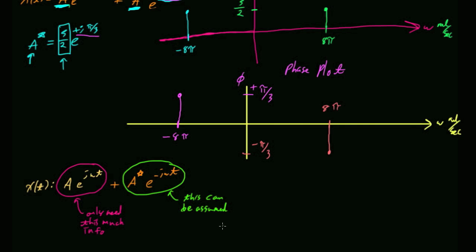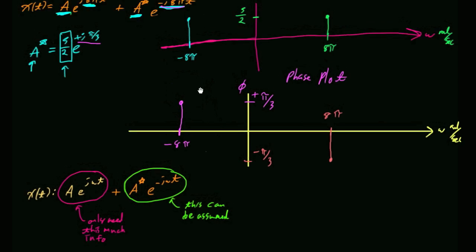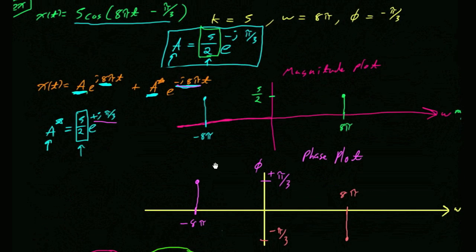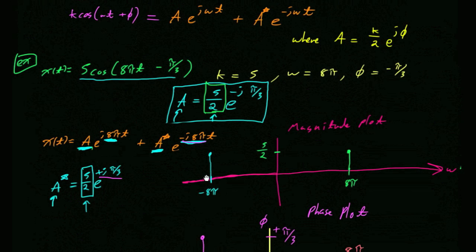Okay, so this minus sign refers to the frequency. Look at the equation. It's A e to the j omega t plus A conjugate e to the minus j omega t. So look at the t here. You look for the t, and then whatever's dangling next to the t, that's the frequency. So right now, this negative 8 pi is telling me the frequency of interest.